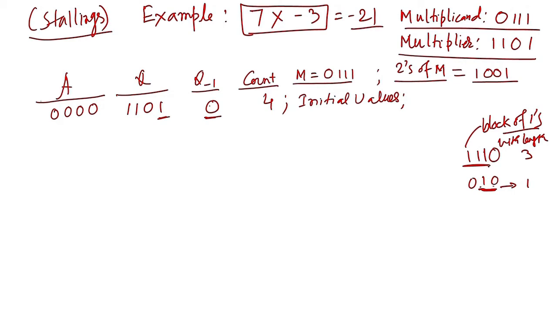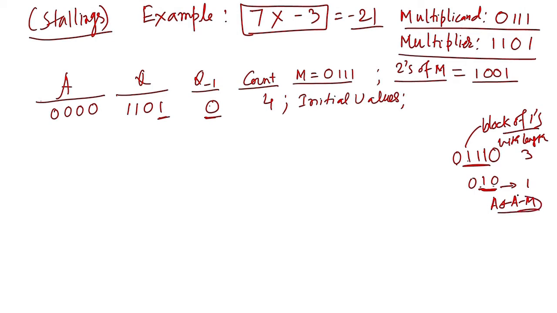If there is a starting of the block of 1s, then we have to subtract, we have to do A minus m. And if 1 0 scenario comes, that means the block of 1s is finished. So, in that case what do we have to do? We have to add.